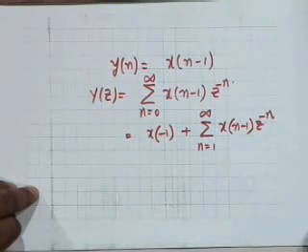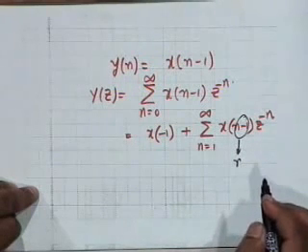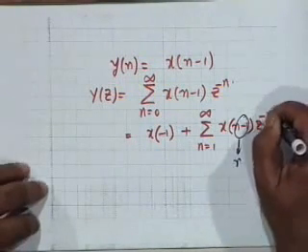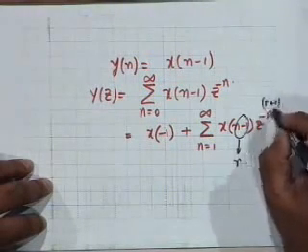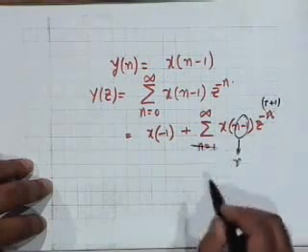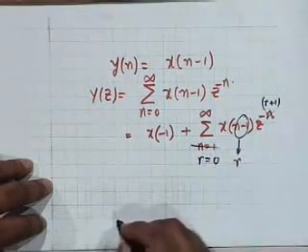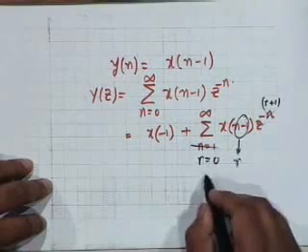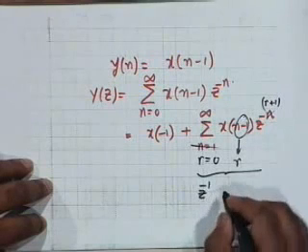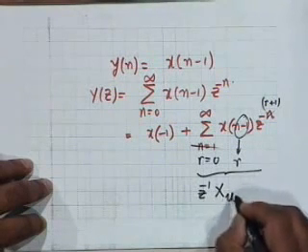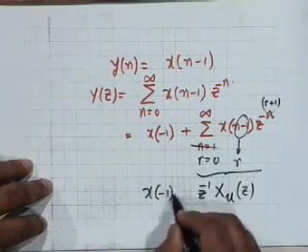And we play the usual trick, that is, we put n minus 1 equal to r, then n becomes equal to r plus 1, and this limit changes from n equal to 1 to r equal to 0, and this obviously becomes z inverse times capital X u of z, and that's the proof.